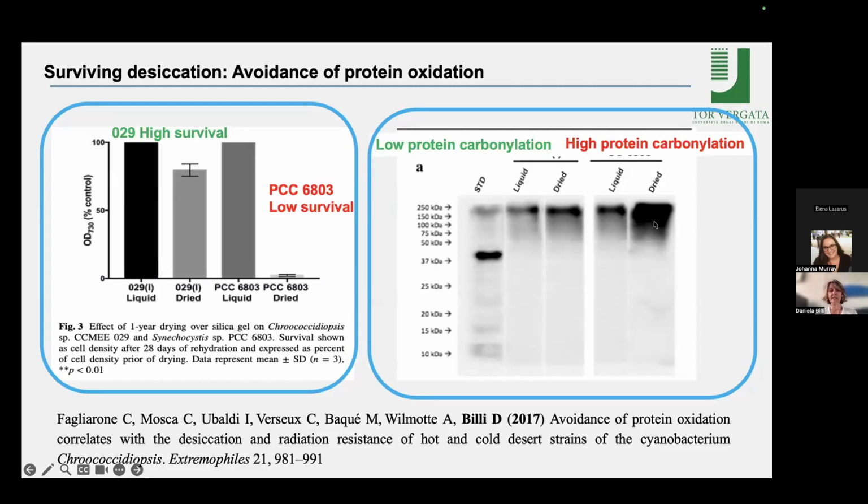So this means that during the recovery, when you need proteins also to repair damage, we are thinking about DNA repair proteins, they are still active because they didn't undergo extensive oxidative damage.